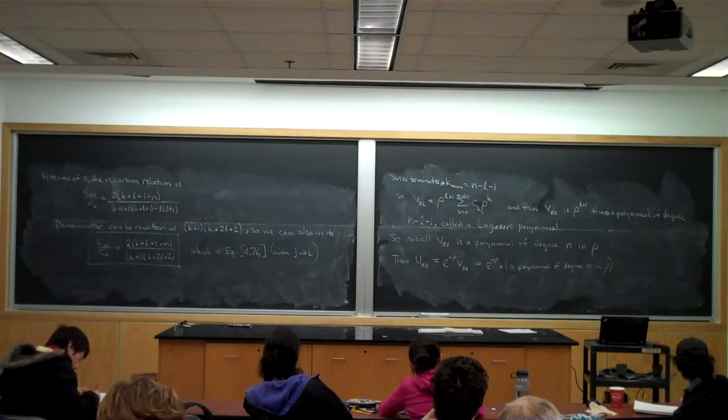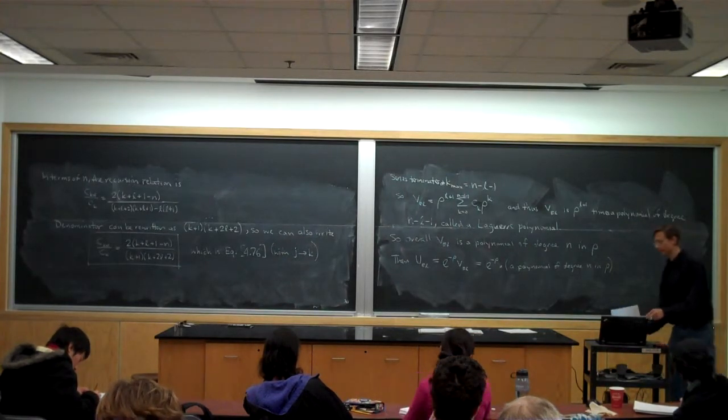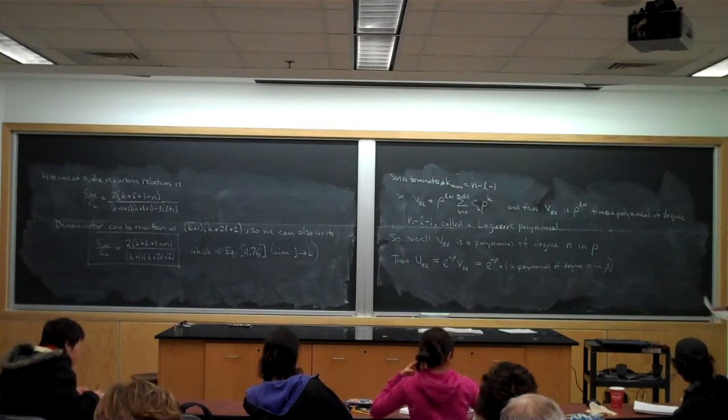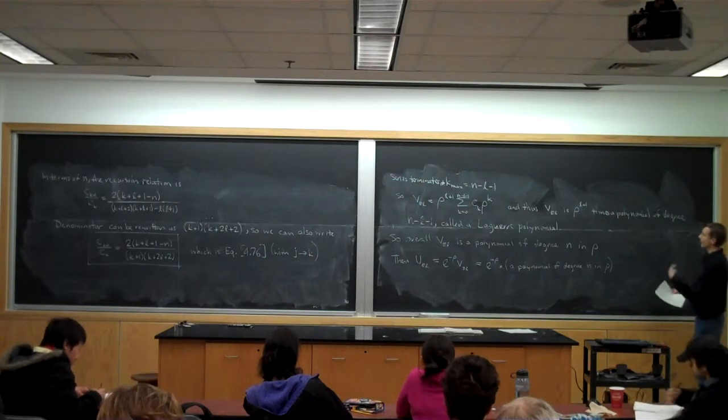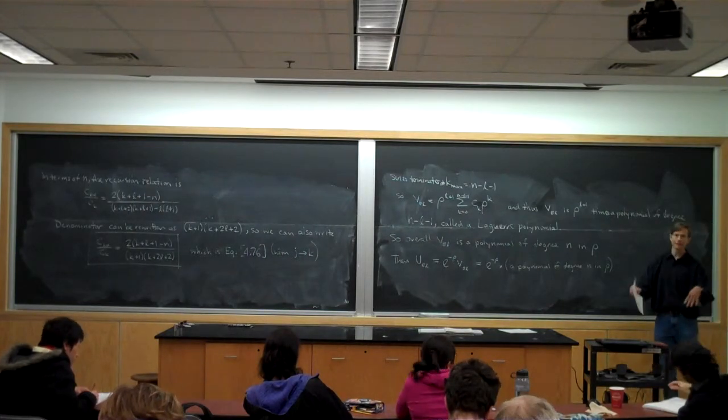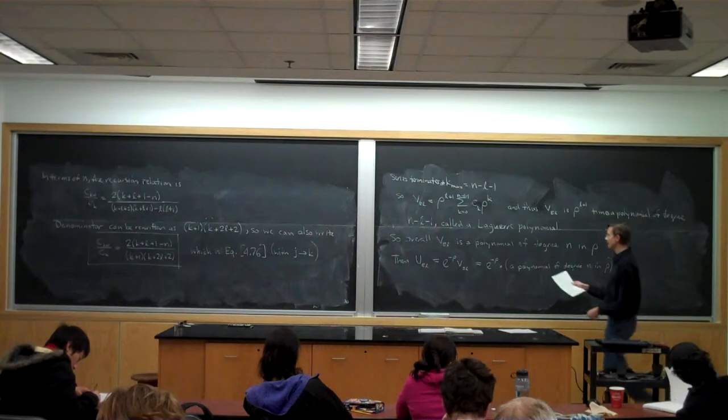So now our e to the minus rho has come back into the picture. That was there all along, but we've done a transformation to temporarily get rid of that asymptotic behavior, or at least to make v exhibit how the function differed from its asymptotic behavior.